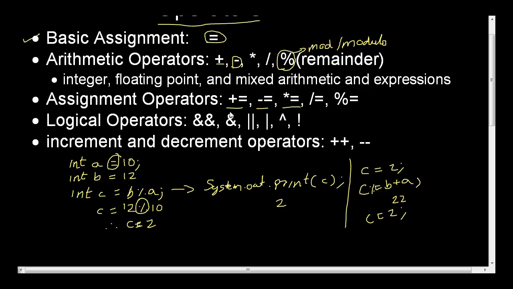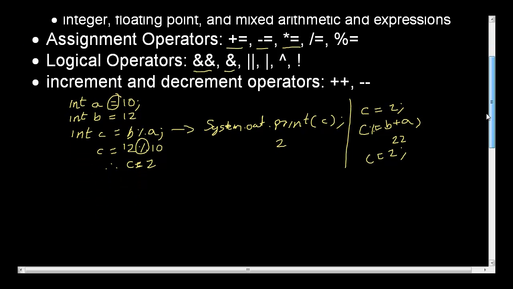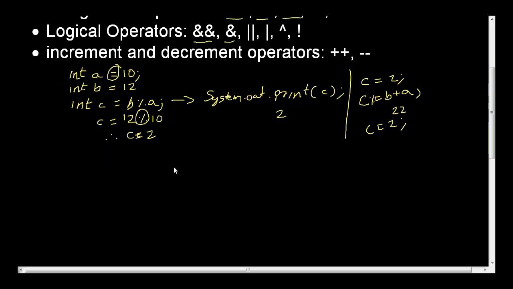The next type of operators are logical operators. We have the short circuit operators and just the plain logical operators. I'm going to explain what the difference is between these. So the ampersand operator is basically AND. When you say a and b, it's a Boolean logical operator. It's equivalent to having a Boolean AND statement.